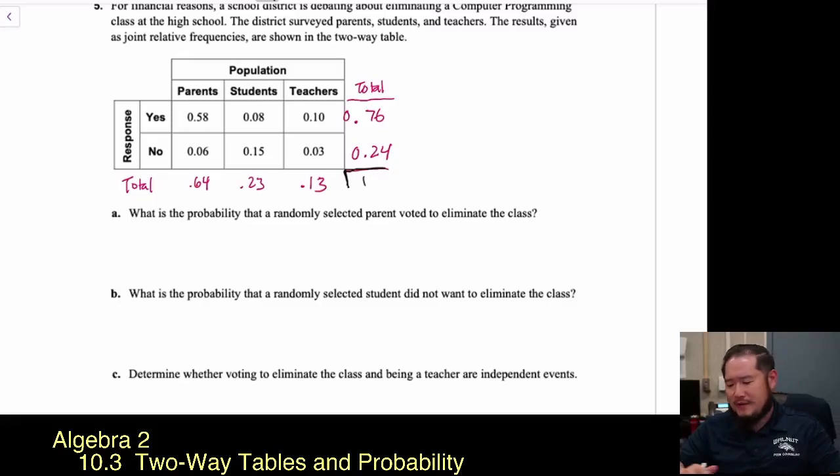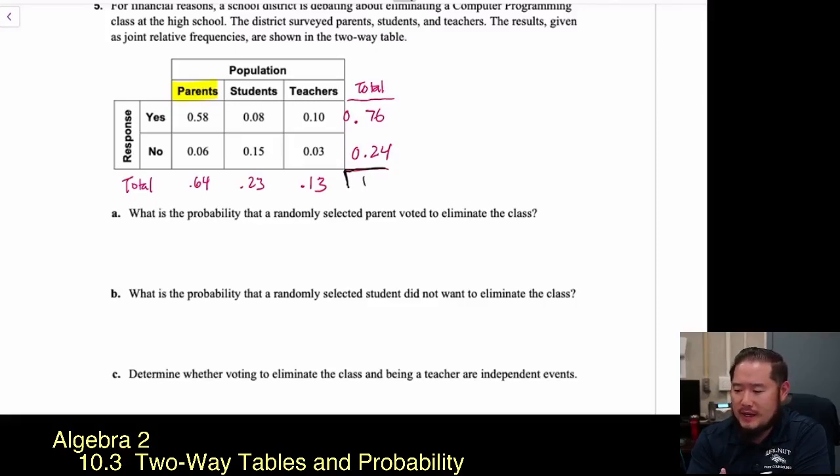So now that we have that, it says what is the probability that a randomly selected parent voted to eliminate the class? Remember we have yeses and nos, and I'm taking a look at parents to start off with. It says a randomly selected parent voted to eliminate.